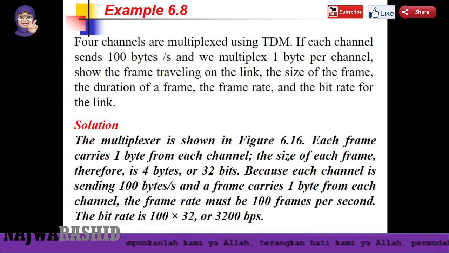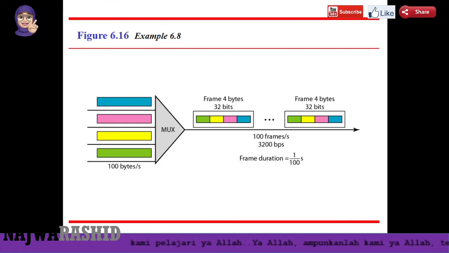So the frame rate is 100 frames per second. The bit rate is 100 times the bits in one frame, which is 32 bits. So 100 frames multiplied by 32, and we get 3200 bits per second.